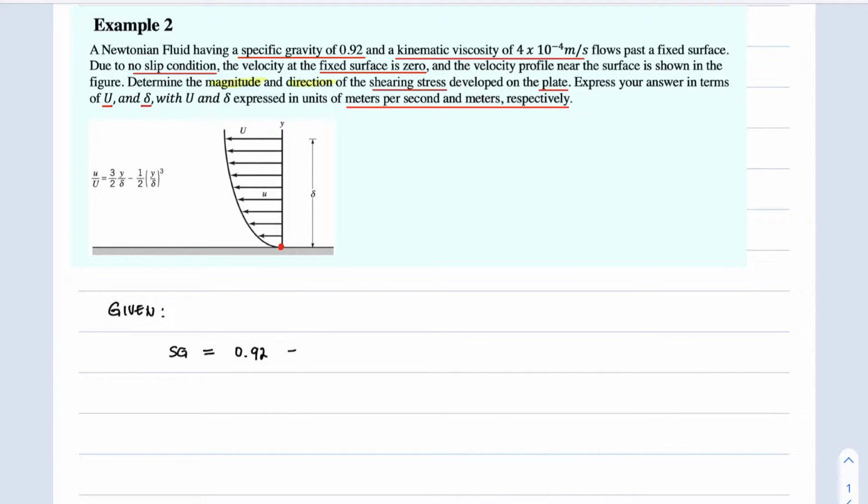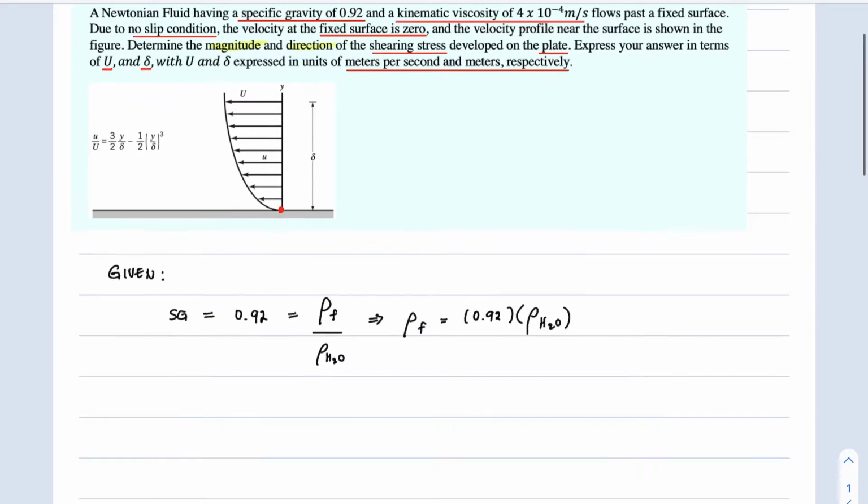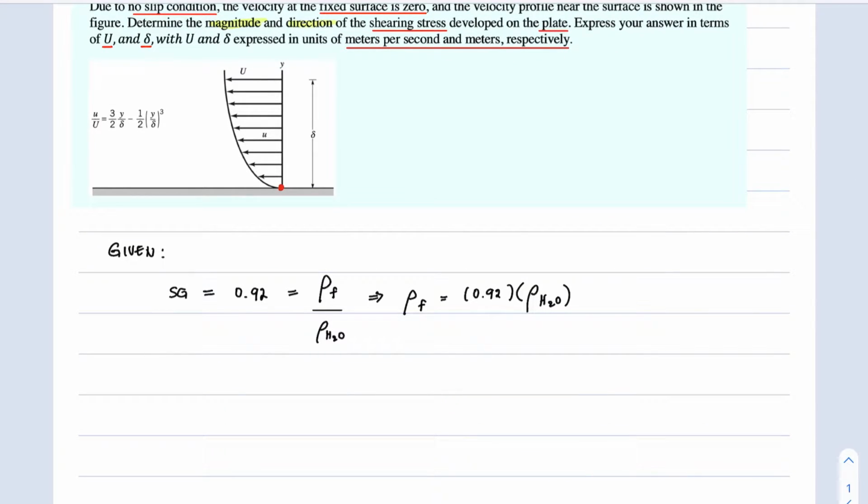Whenever we solve for a specific gravity, that is just related to the density of the fluid over the density of our reference fluid, which is the standard reference, water at 4 degrees Celsius. So this implies that the density of your fluid, which is not given directly, can be solved by taking 0.92 multiplied by the density of water, which is pretty easy to remember.